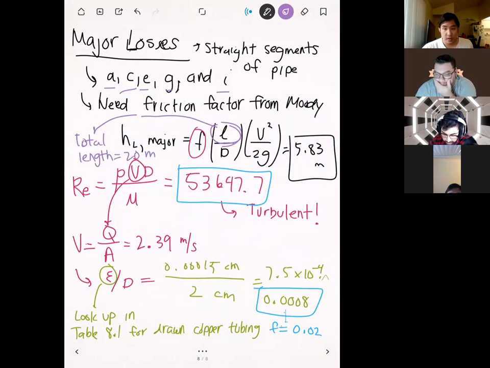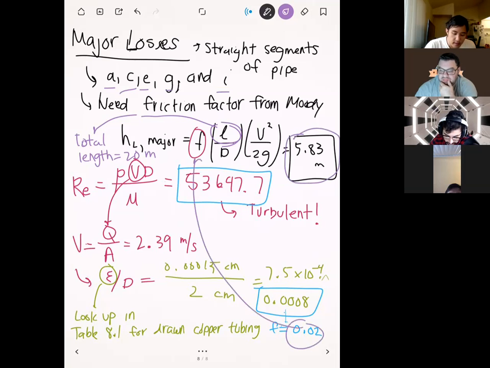Any questions on how we got the major losses? What value did you give your 5.83, or is that just a scribble notation? This 5.83 is the total major losses right here. When you plug in 20 meters for the length and 0.02 for the friction factor, we know the diameter, we solve for the velocity, and then we have gravity.